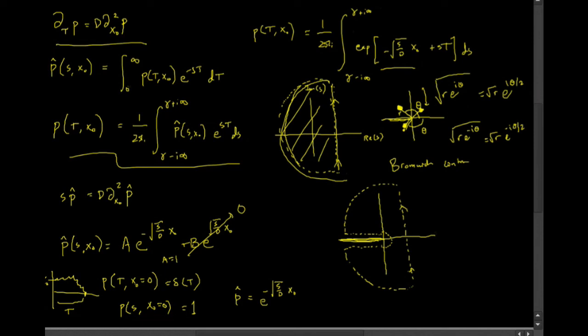So this is the Bromwich contour, and now our task is to evaluate this integral, which is 1 over 2 pi i, the exponential of all this stuff, which I wrote up above. We want to evaluate this integral over the contour.